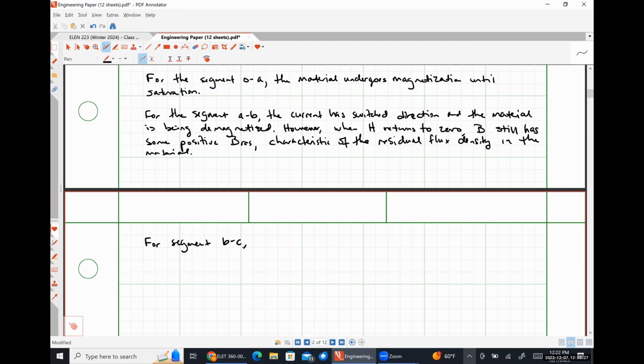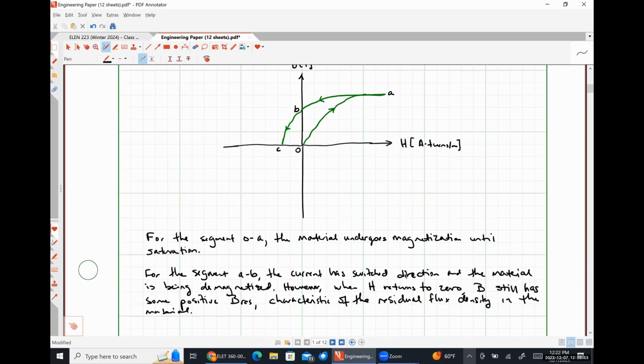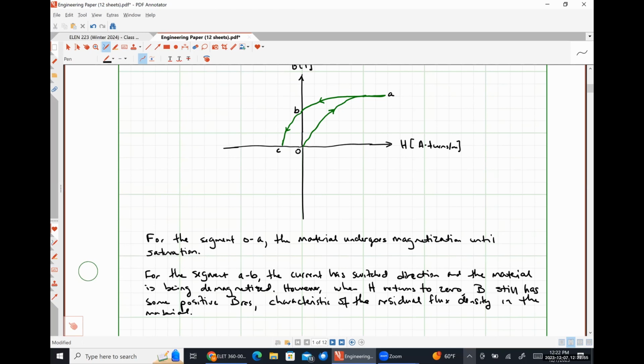For segment B to C, we apply what's called a coercive MMF to bring our B field back down to 0. So it requires extra energy effectively for us to completely and utterly demagnetize our material.